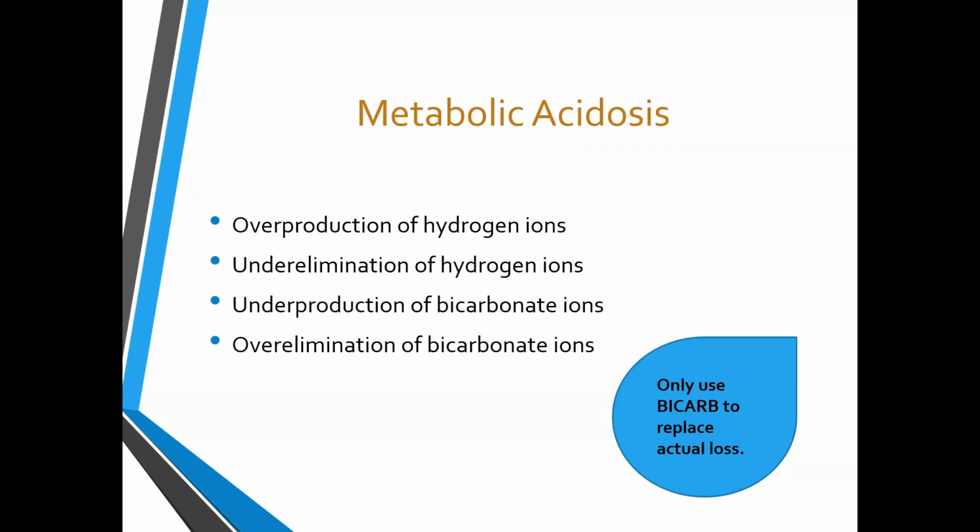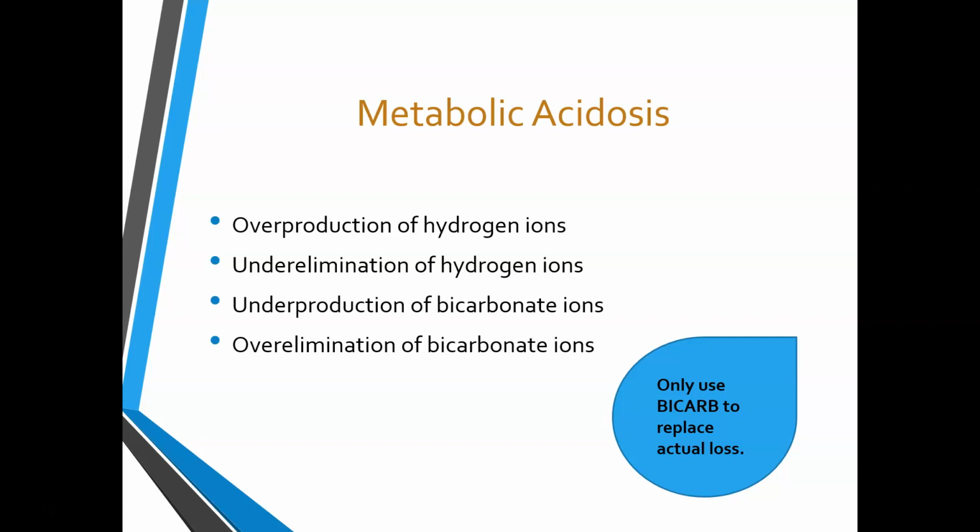Moving to our metabolic disorders away from respiratory, this is going to be either overproduction of hydrogen ions, under-elimination of the hydrogen ions, underproduction of bicarbonate ions, or over-elimination of bicarbonate ions.